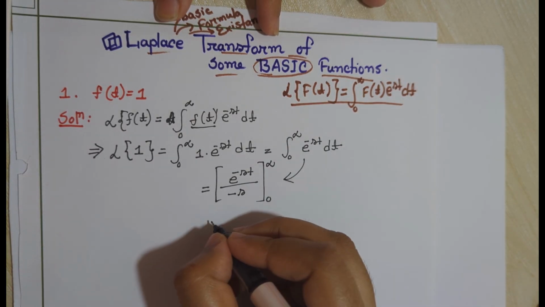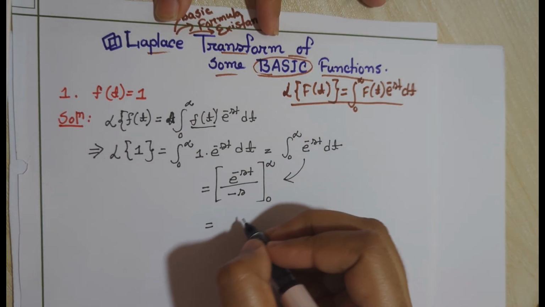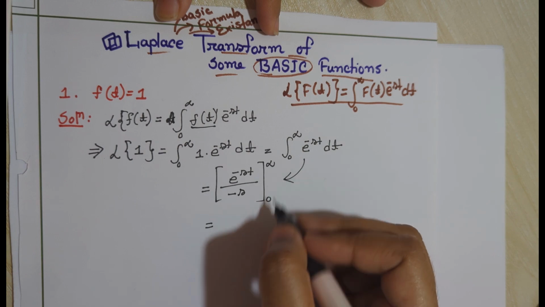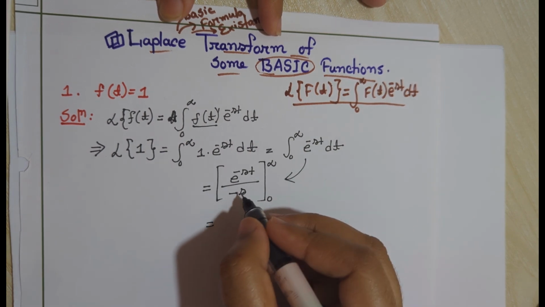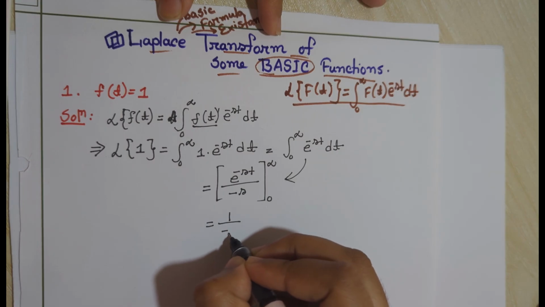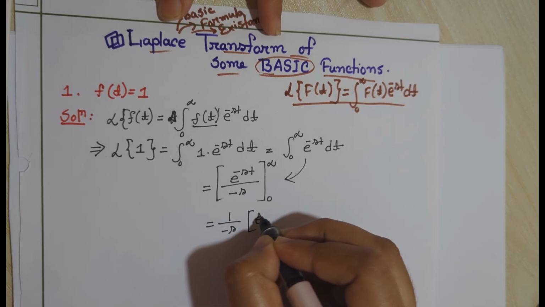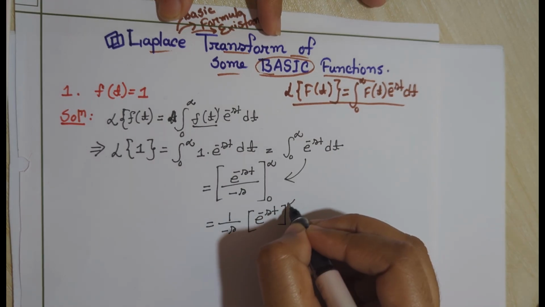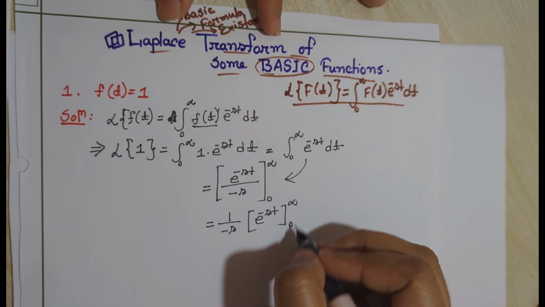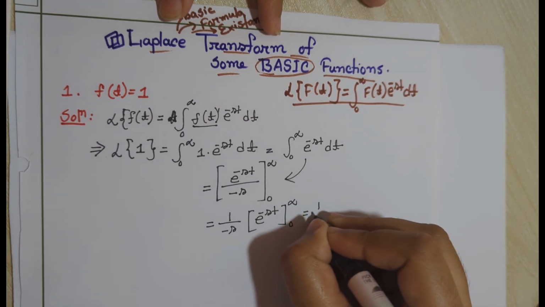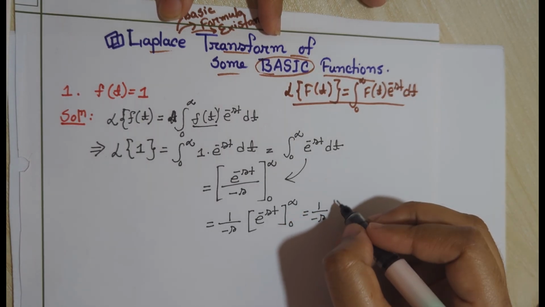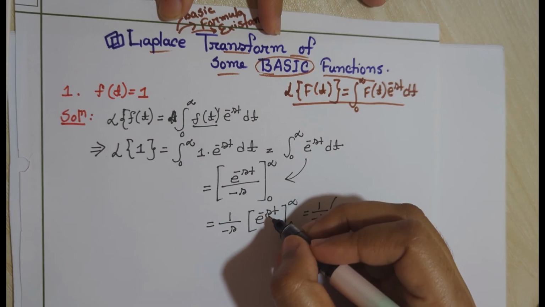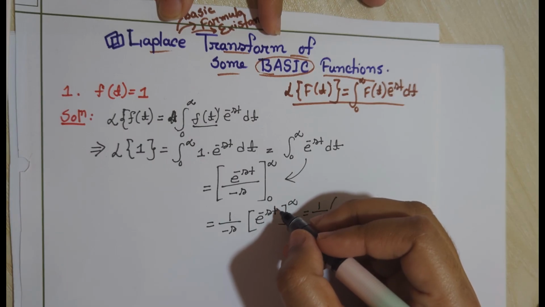Now we will put these two limiting values in our formula. If we separate this constant, then just e to the power minus st remains, in the limit of 0 to infinity. So we can write minus 1 divided by minus s, and we will put in at first the upper limit.